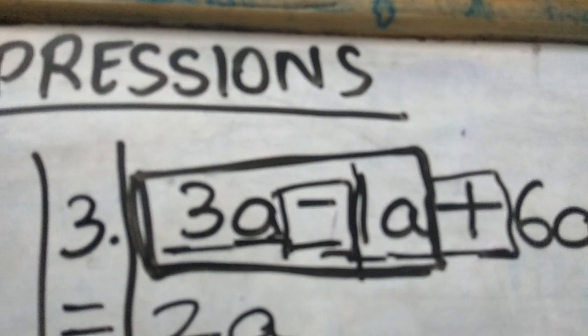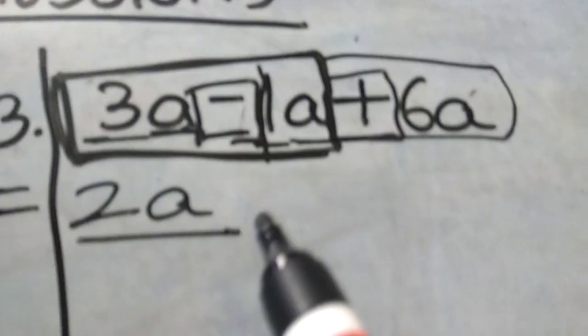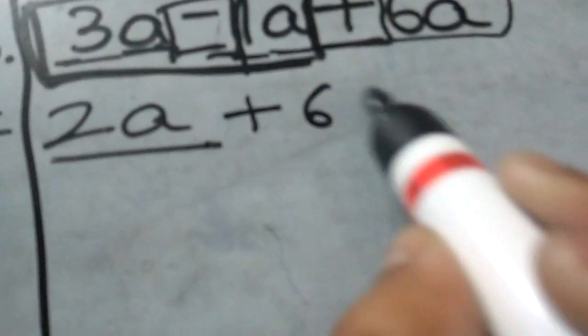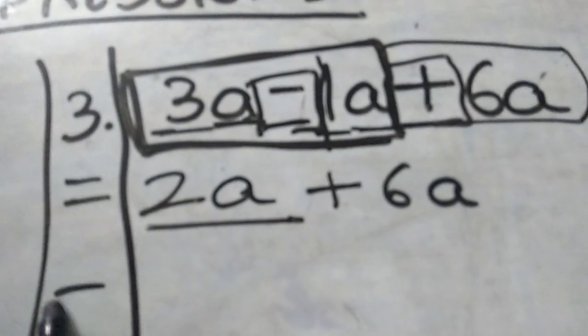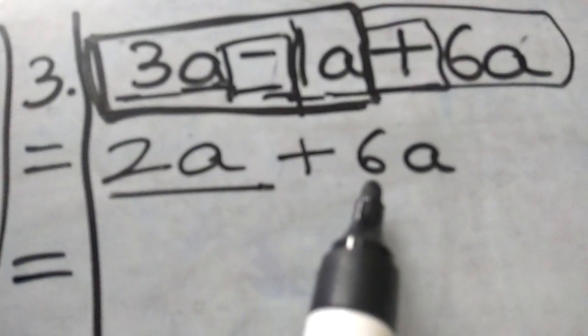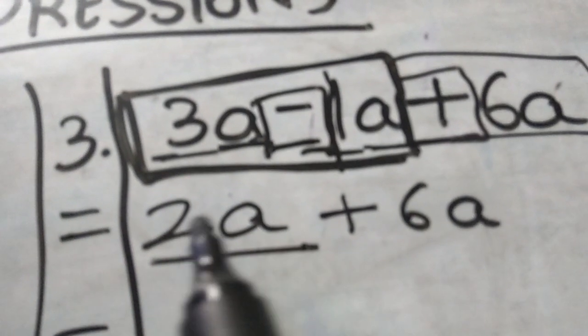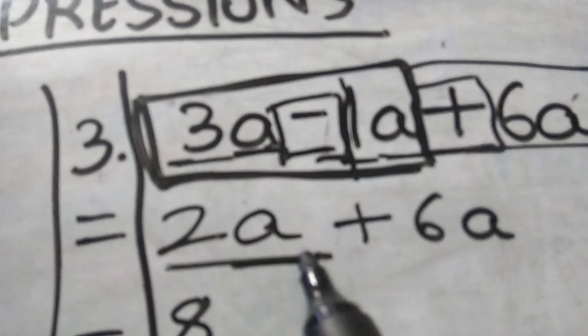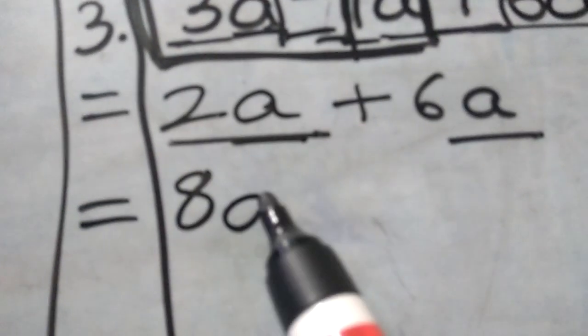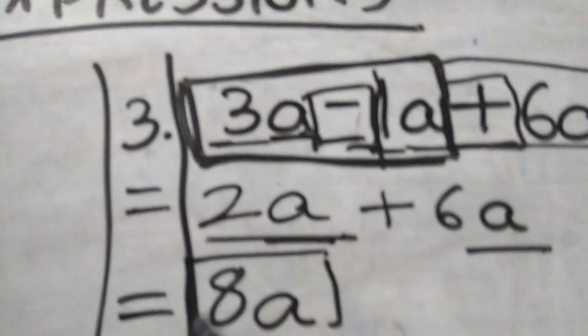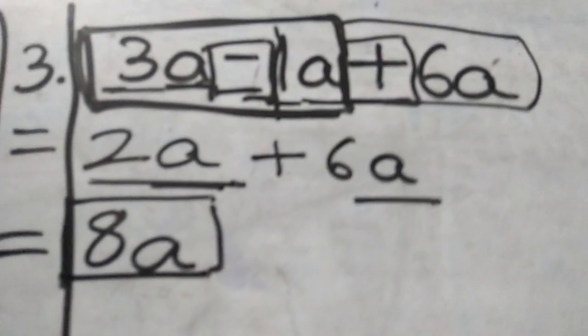Now going to the next part of the sum, which is this answer and plus 6a. So we only write it here, plus 6a. Now again add the two numbers. So 6 plus 2, so 8. And the variable is again the same here, so a. And that's how you get your answer when you have a different constant.